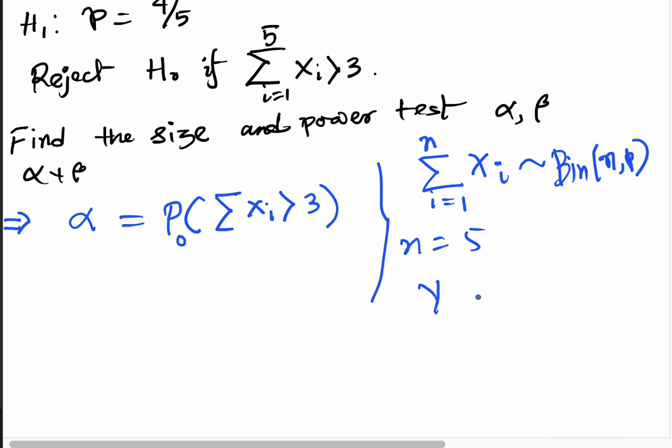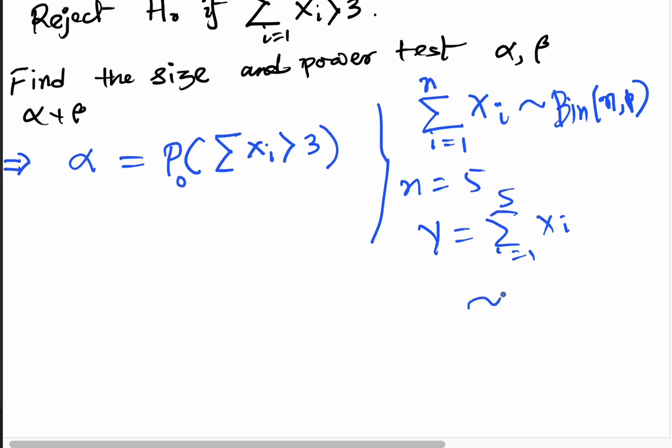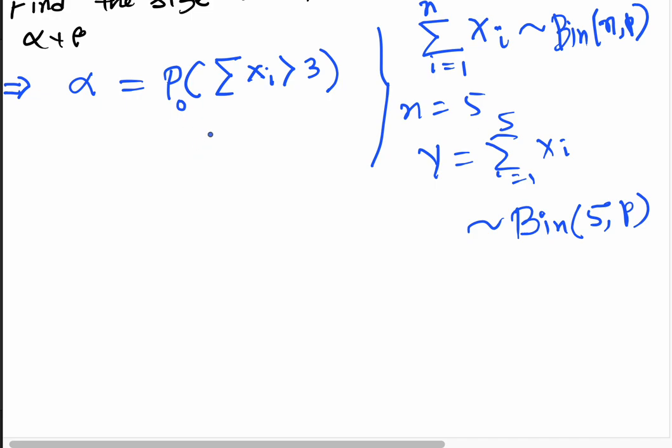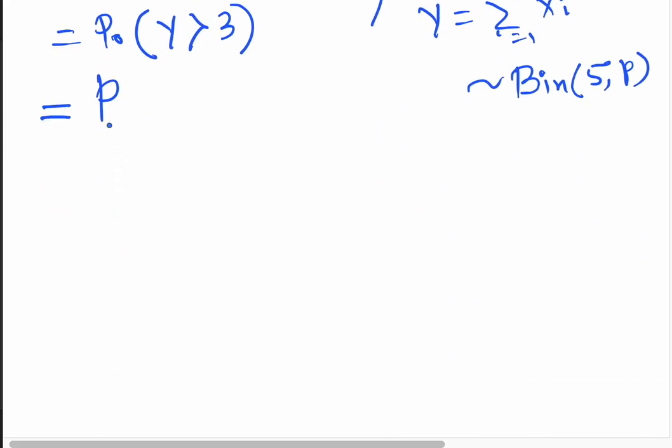Let Y be the variable, the summation of Xi from i equal to 1 to 5. Then it will follow Binomial(5, p). So now what is the probability, under p0, that this new variable Y is greater than 3? Let's calculate it, with p equal to 3/4.